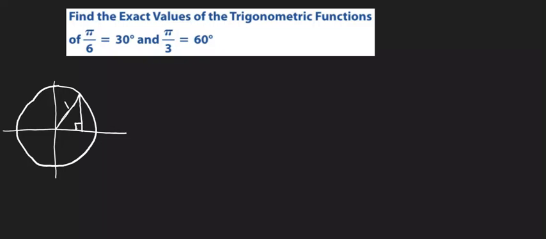From this side up to there, let's label it A. And from this side, let's label this B. And let's label down here 60 degrees.